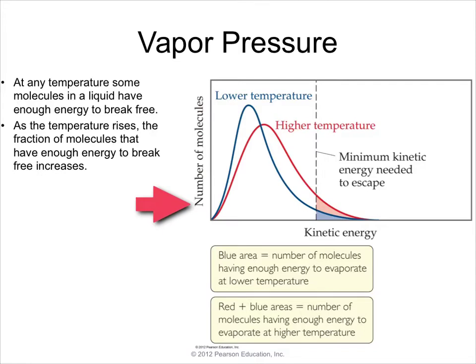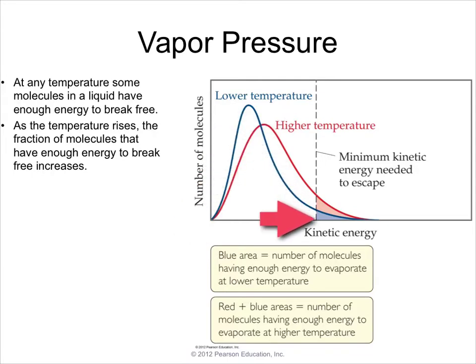Let's say that I'm adding energy. Now, what's going to happen to my blue line is I'm going to see a shift where I have a number of molecules that are at a higher kinetic energy. I'm not going to have as many molecules at this lower energy, at this lower temperature. Instead, I'm going to have more molecules at a higher temperature.